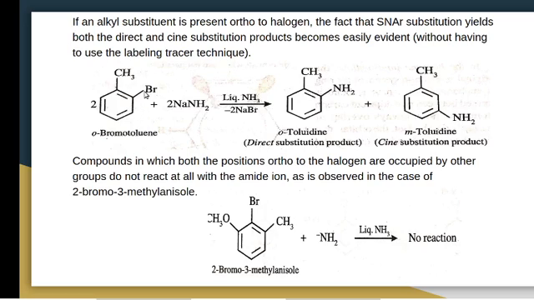But in this case there is one substituent, so the incoming nucleophile cannot attack on this carbon. It can only attack on this carbon. So the cine substitution product is this one. That is also proved by the elimination addition mechanism through benzyne intermediate.